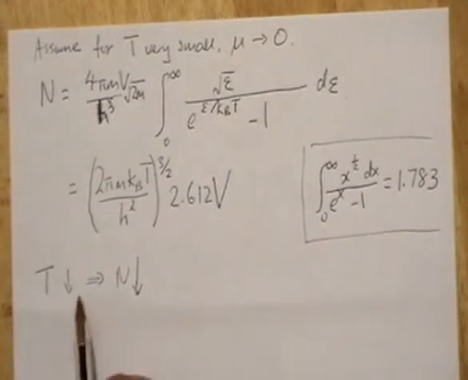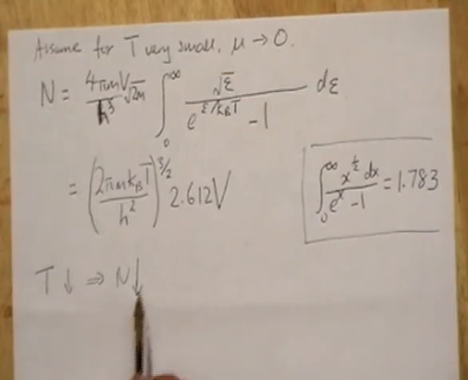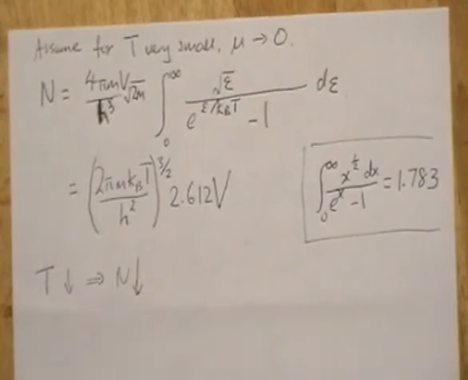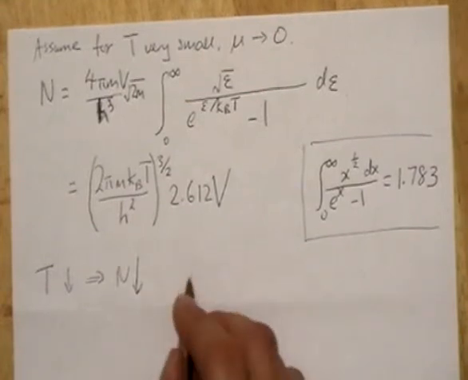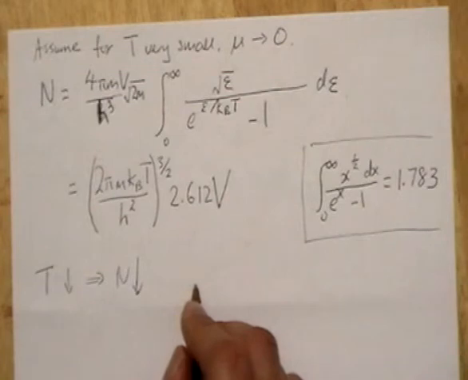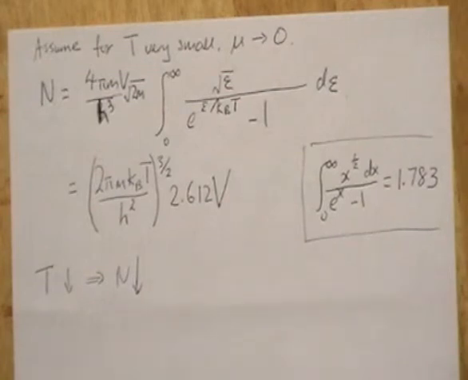So to explain why the n here might decrease as temperature falls, we would say that it could happen if all the particles, or many of the particles, start going into the ground state.